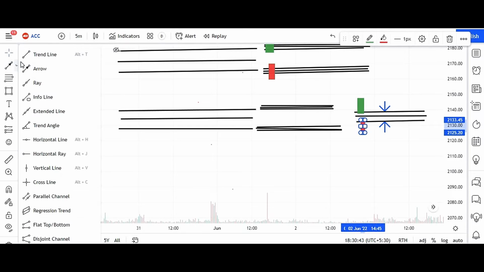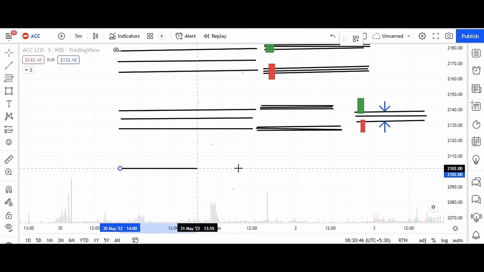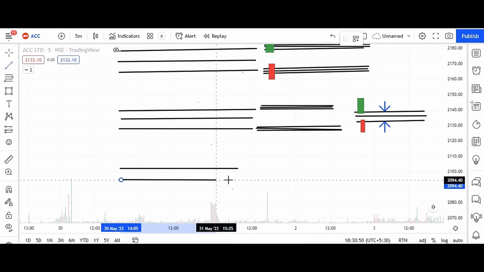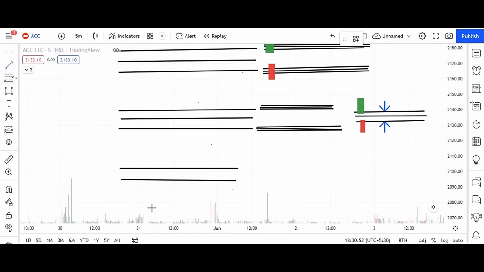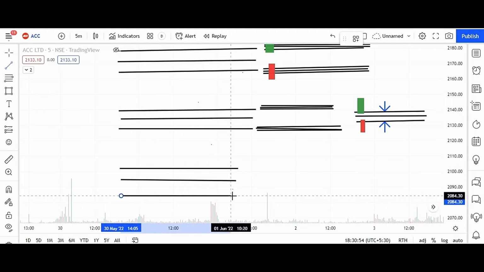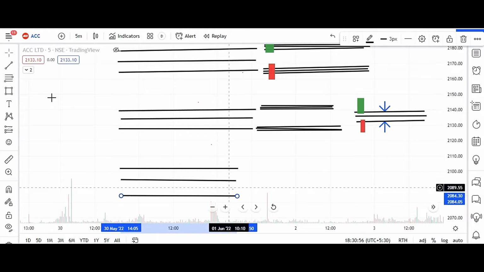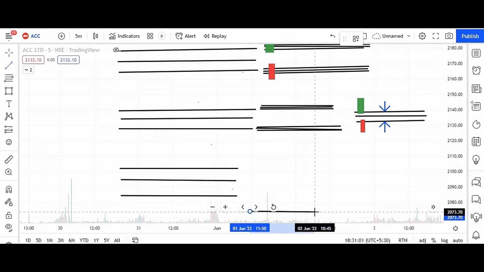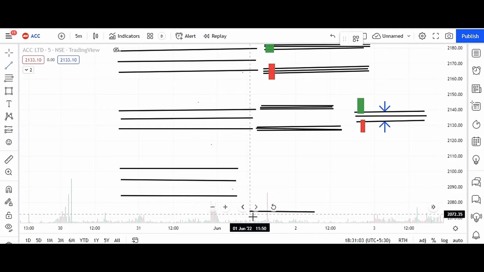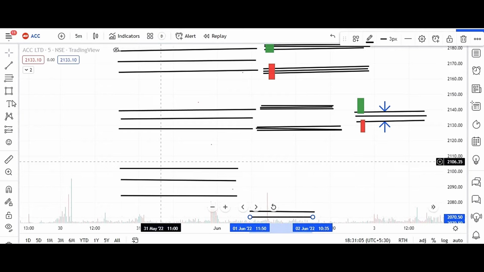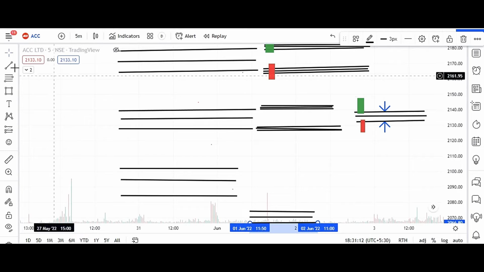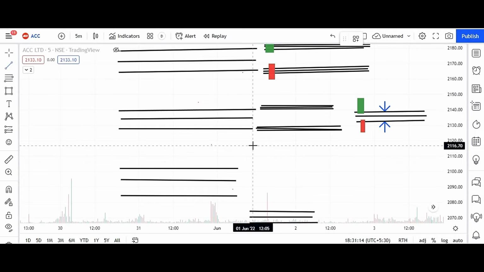This previous day CPR should be like this. Okay. The second day CPR can be formed either anywhere between like this. It can be right here, outside. It can be anywhere.